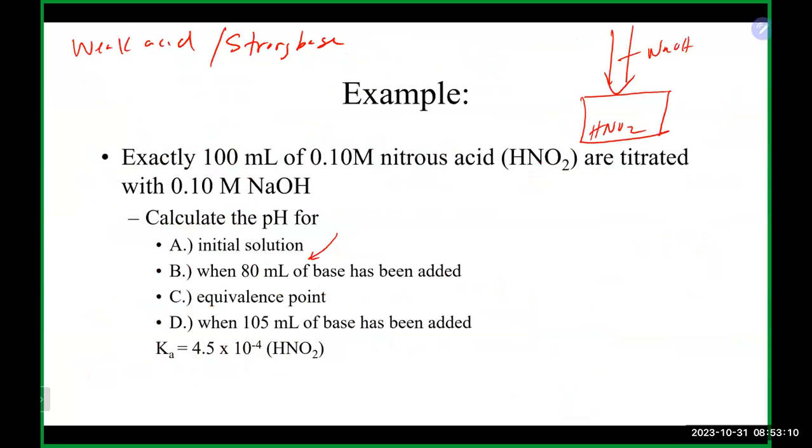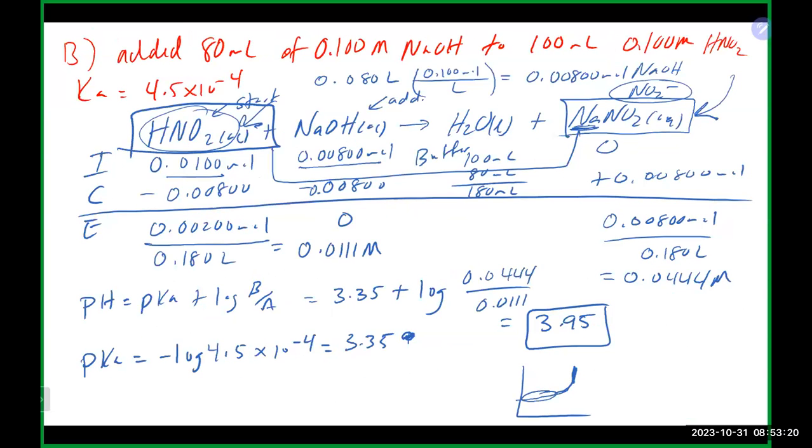So let us do the equivalence point, which is the next one. We are at that point where we're going to shoot up in pH as we approach the equivalence point. So here we're adding at the equivalence point, we're looking for the pH, and we have 100 milliliters of our 0.1 molar nitrous acid with our 0.1 molar sodium hydroxide.